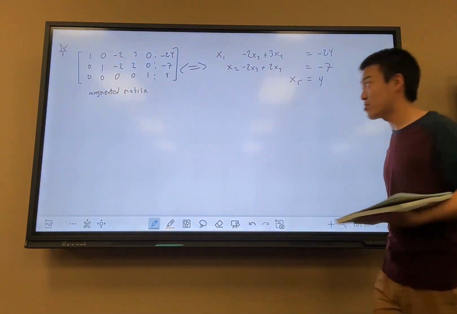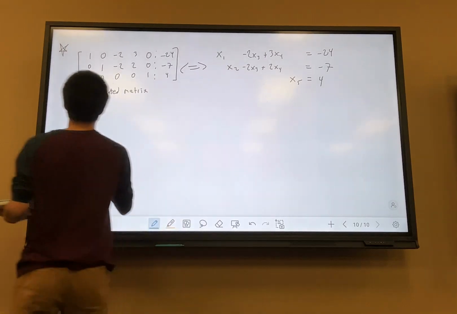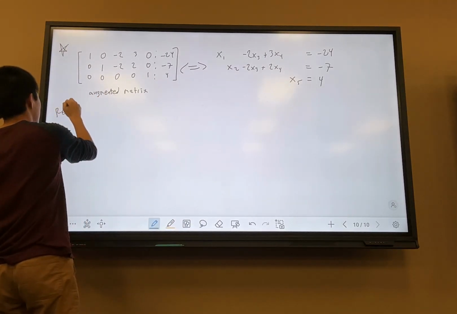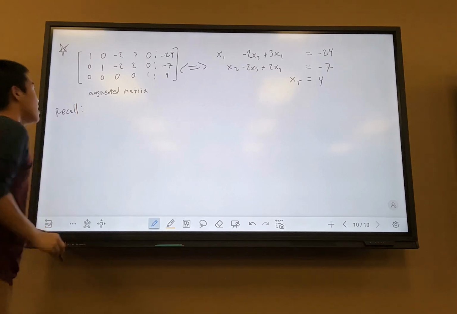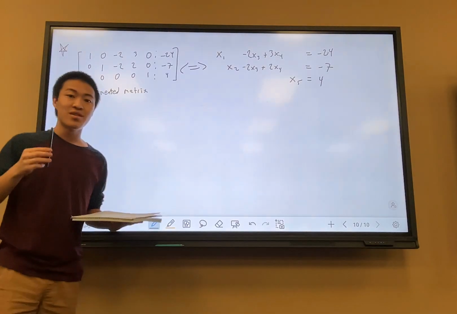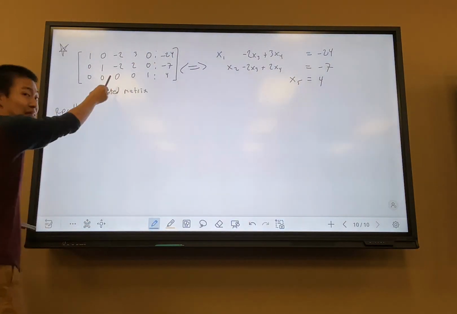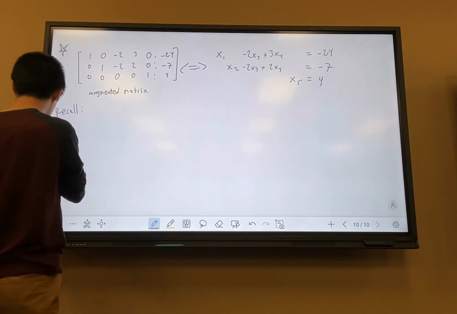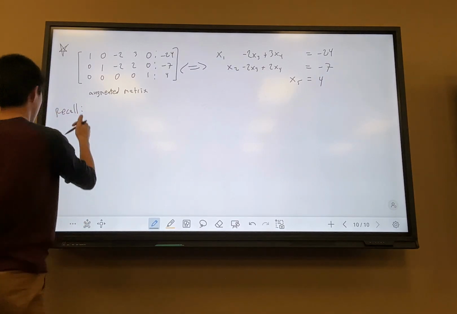This is a lot easier to read than what we had at the beginning. Recall that the original augmented matrix that we were working with did not look like this. It looked like this.